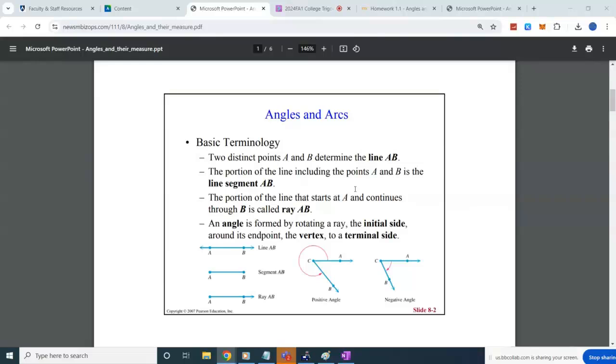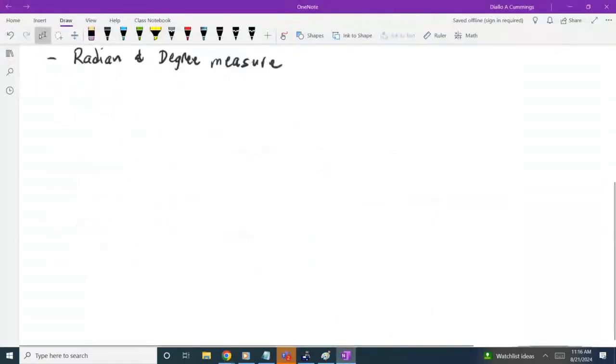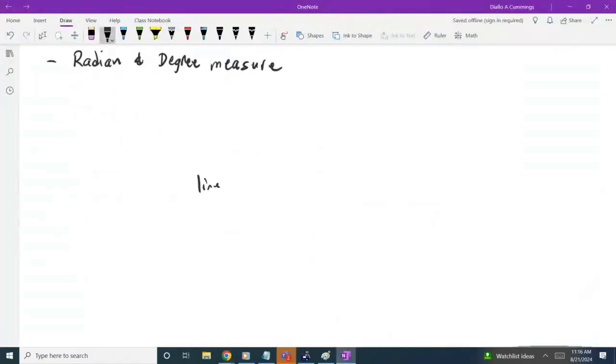So when you see a line, and we don't use this terminology very much, you're going to see these two endpoints. Notice on the ends of this line, I have arrowheads. That alludes to the fact that this line keeps extending forever in both directions.